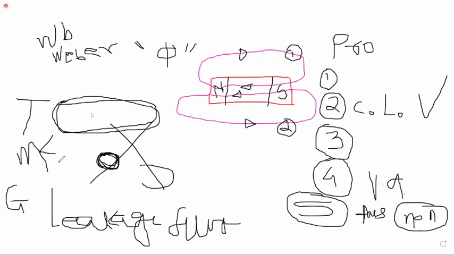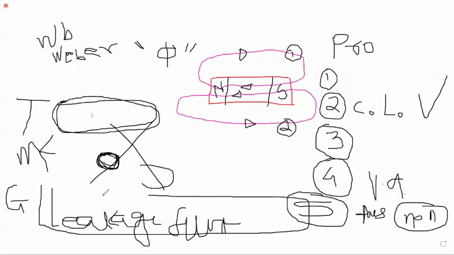AC motor means induction motor. DC motor means series motor and shunt type of motor. Then generators, AC generator, DC generator. These are the electrical machines, and there will be a leakage flux in the electrical machines due to this property.